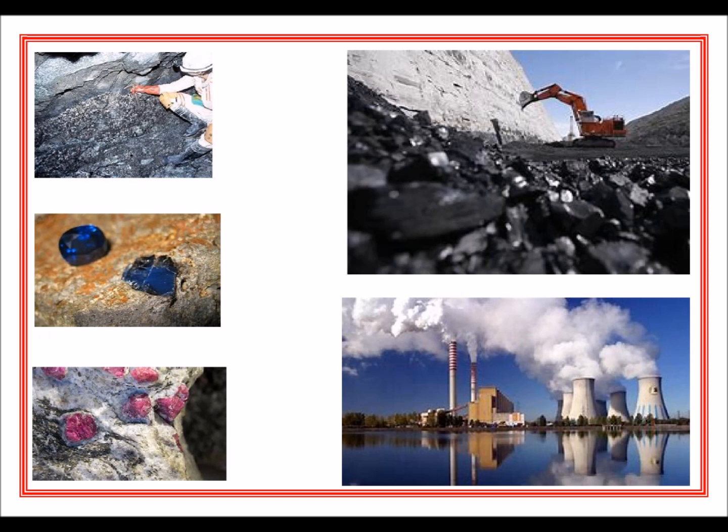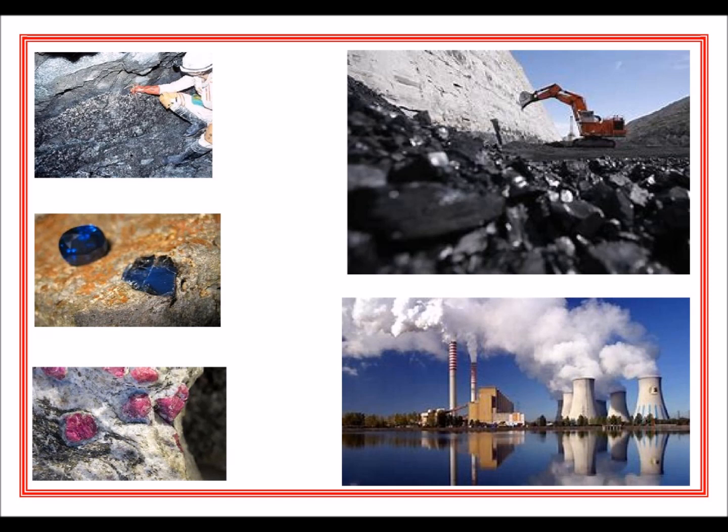A big amount of mining also takes place in Mpumalanga. Mining is deep ground digging that allows us to retrieve many different precious metals like gold and platinum, as well as precious stones like diamonds, rubies, emeralds, and sapphires.